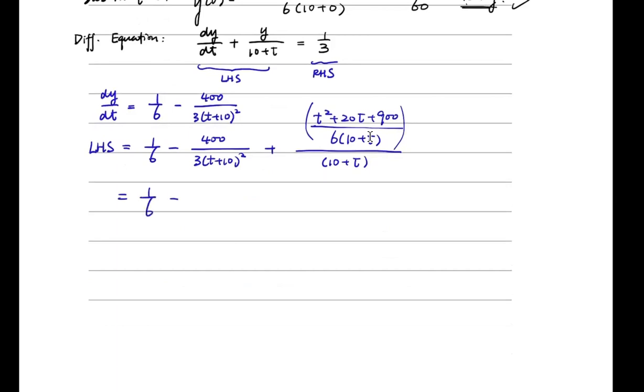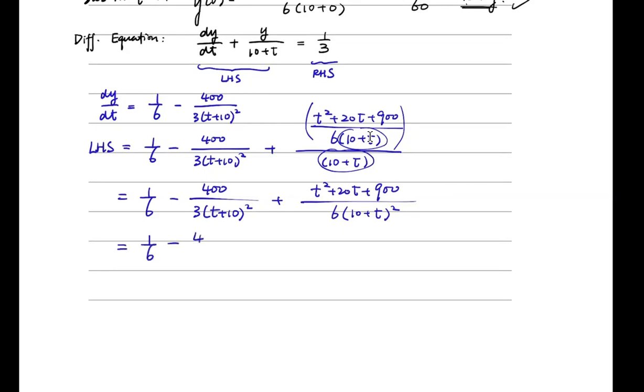1/6 minus 400 divided by 3(t plus 10) squared. This time you can merge these two together at the bottom. So it's (t squared plus 20t plus 900) divided by 6(10 plus t) squared. What else should we do? Looks like we have ended up with a dead end, but keep writing the first two terms as it is.